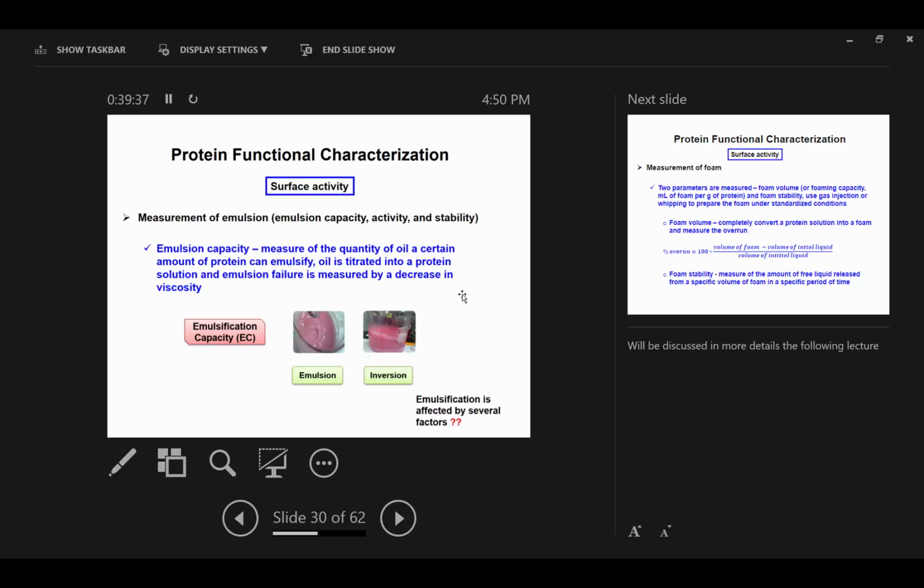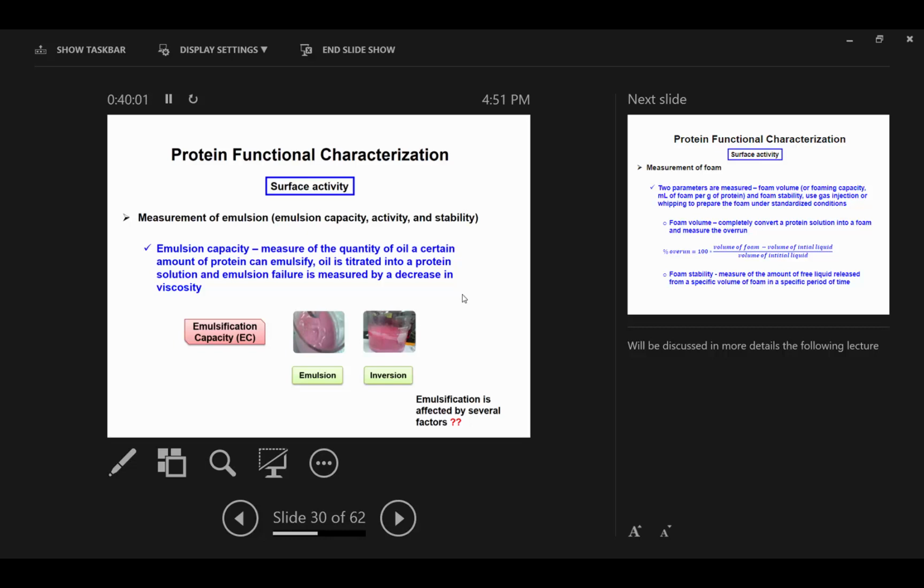So in the lab, you're going to use corn oil. But let's say corn oil will have a different fatty acid profile, and another oil will have another fatty acid profile. The way the protein interacts based on the profile is different. Good. I wasn't looking for that, but that's good.